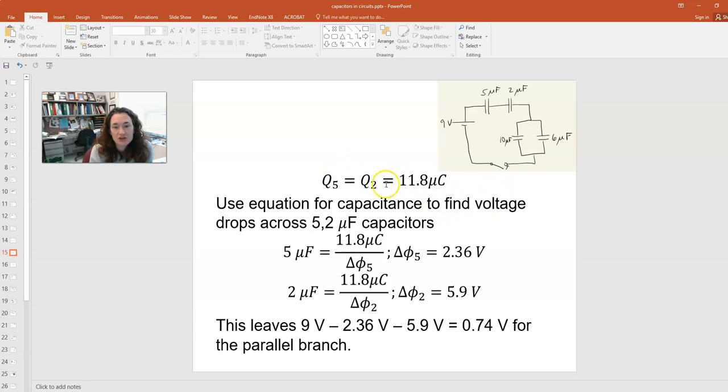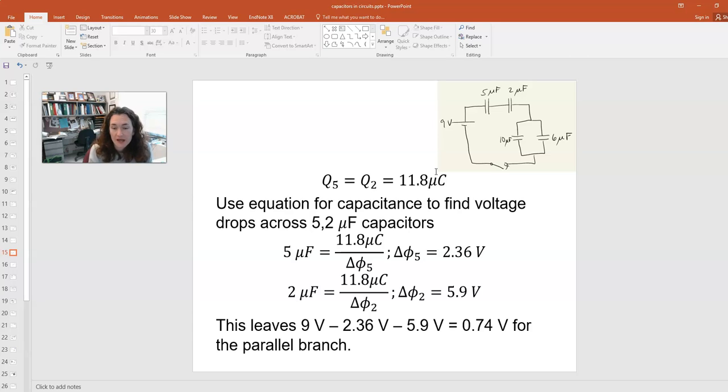Next, using that Q5 and Q2, 11.8 microcoulombs, I can use my equation for the capacitance, C is equal to Q over delta V, and find the voltage drop across each one of those capacitors individually. So 5 microfarads is equal to 11.8 microcoulombs divided by the voltage drop across the 5 microfarad capacitor, delta V5.